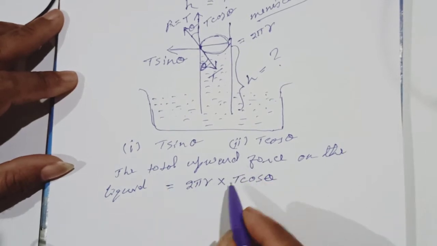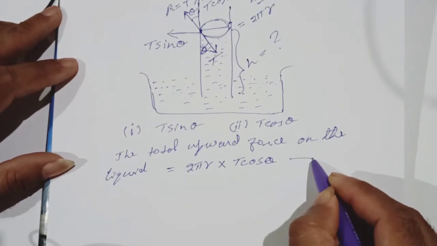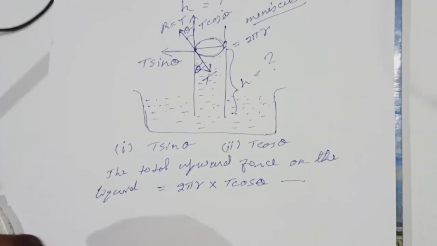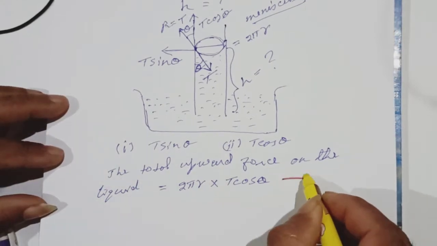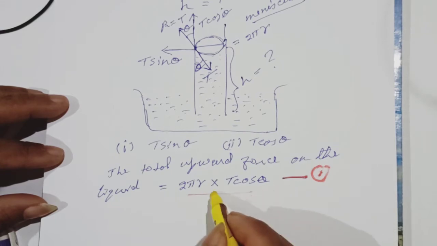So the total force is 2 pi r into T cos theta. Let's say this is equation number 1.